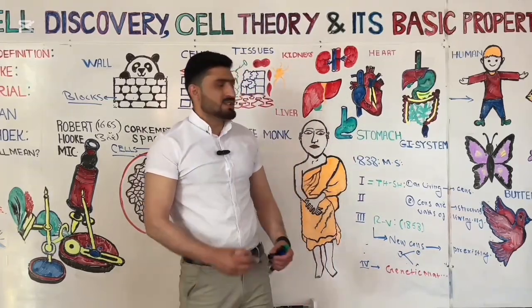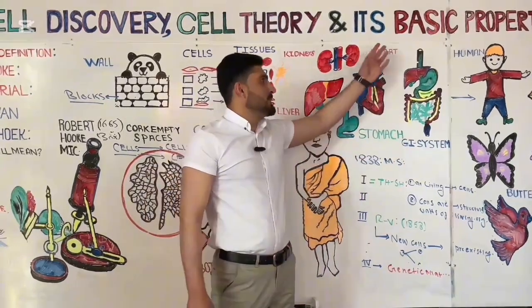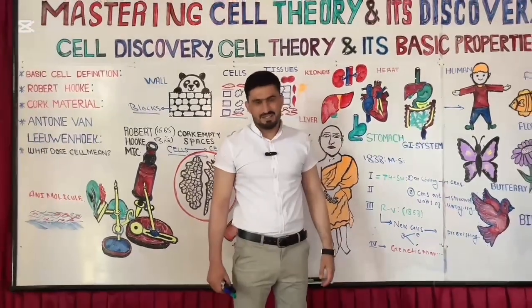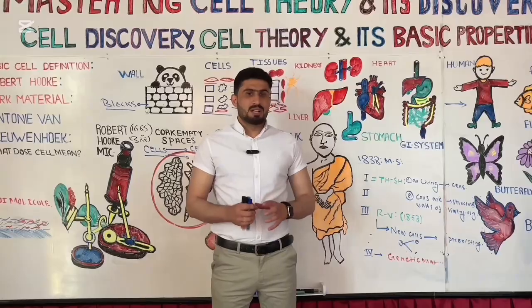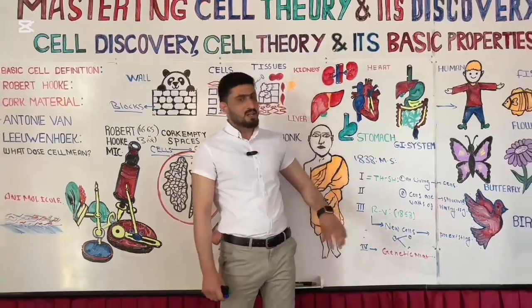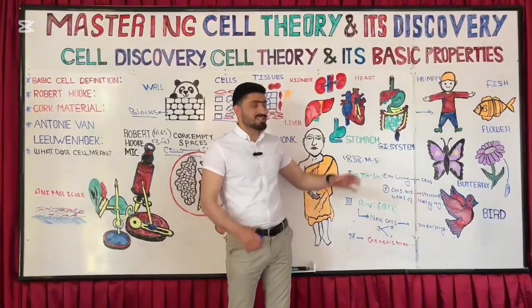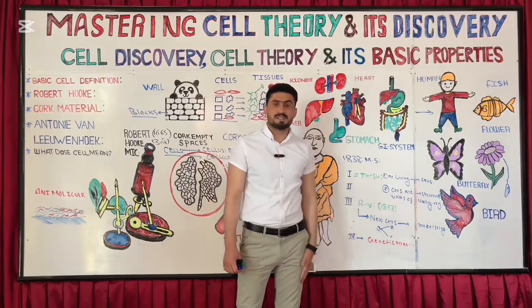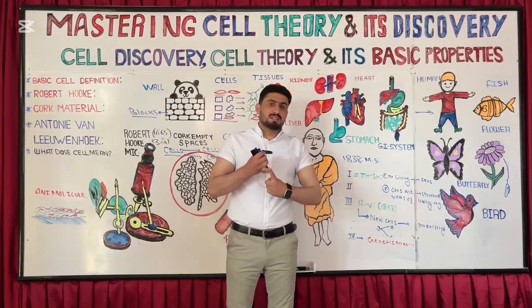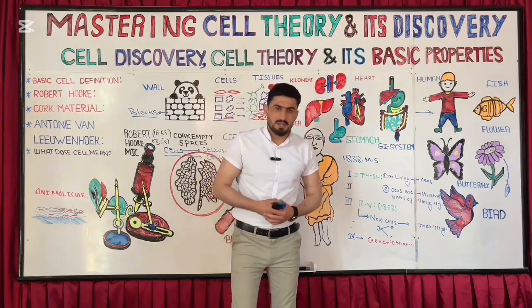Okay, so let's talk a little bit about the basic properties of the cells. In spite of variety among different cells, there are some things which are the same among a lot of cells. For example, they have the same characteristics or properties. For example, all cells contain a cell membrane. Do you know cell membrane?